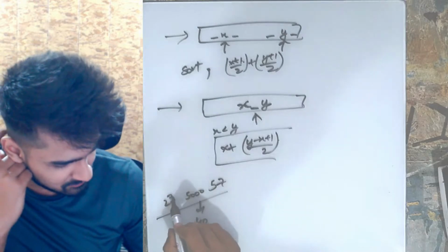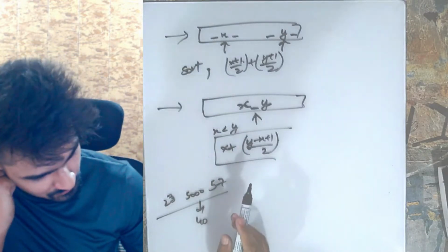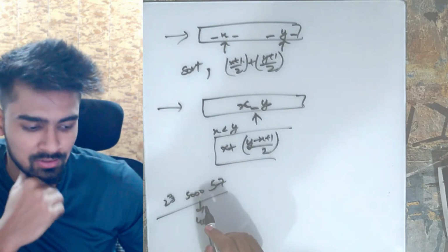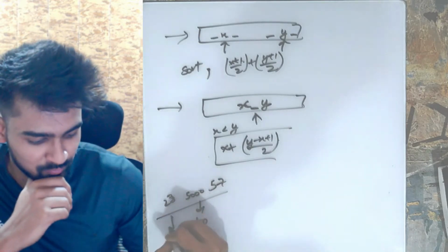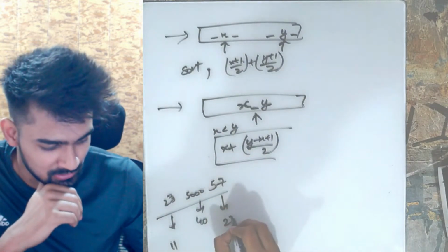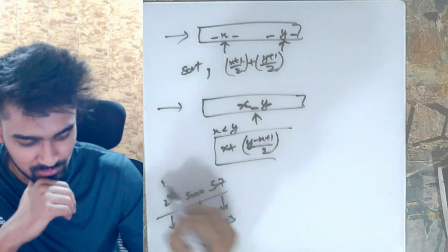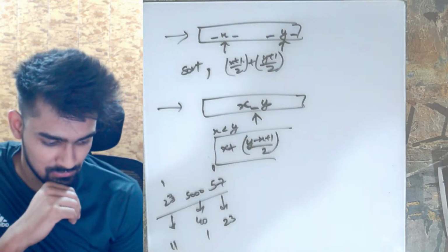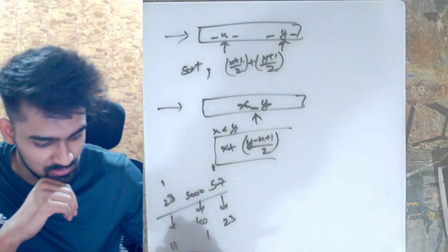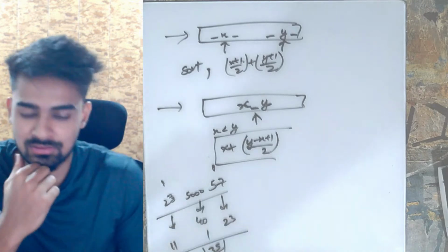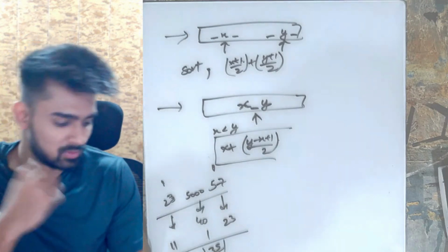Answer is 23 plus 57 by 2. How? Okay, I got it. So basically, you first make 11 blows here, and you make 23 blows here. This will be 1, this will be 1, and then you make 1 blow here. This actually makes how much? 35. So 35 becomes the answer. Okay. Interesting.